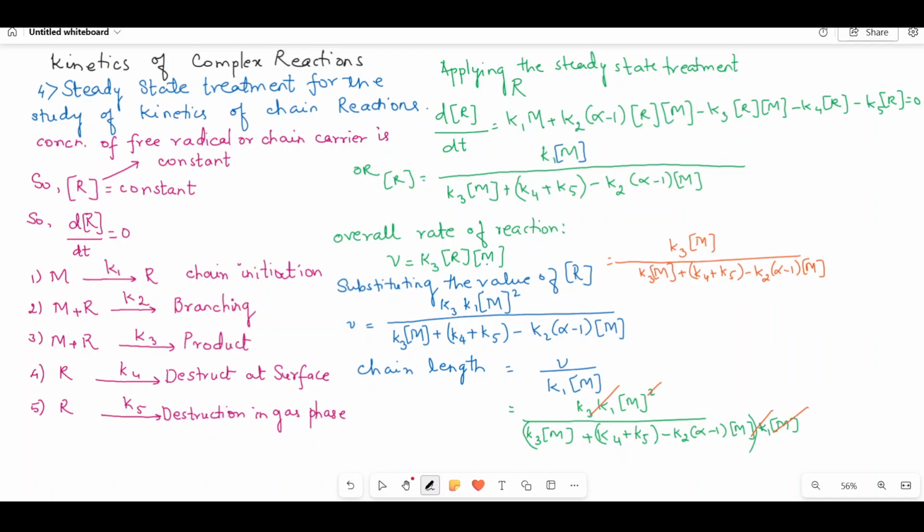So normally in the branching reaction, alpha is greater than unity, so that the last term in the denominator of this expression will be negative, so that the expression for rate will become positive.